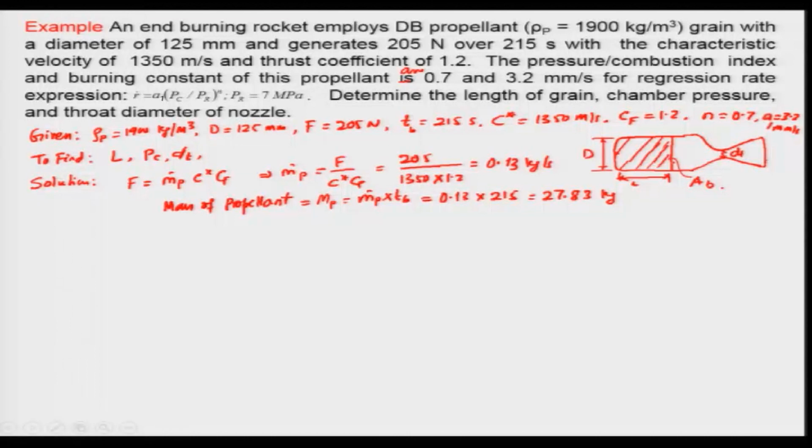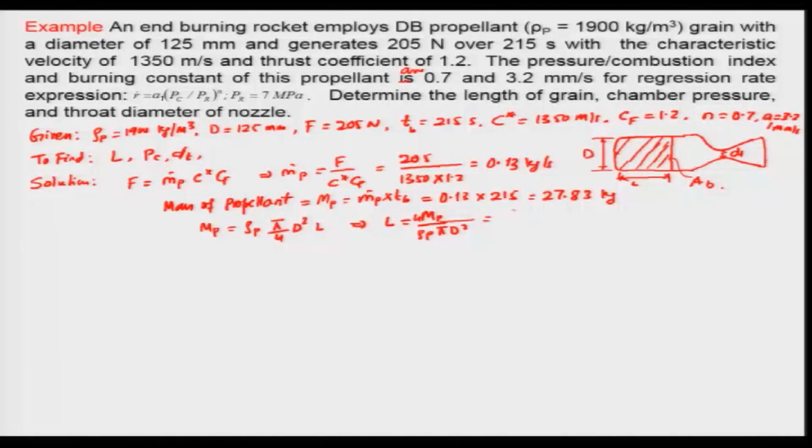in this engine is being used. So, therefore, from this I can get very easily, because we know this mass of propellant is nothing but rho p pi by 4 d square into L. So, therefore, L I can get as mp by rho p pi by 4 d square.